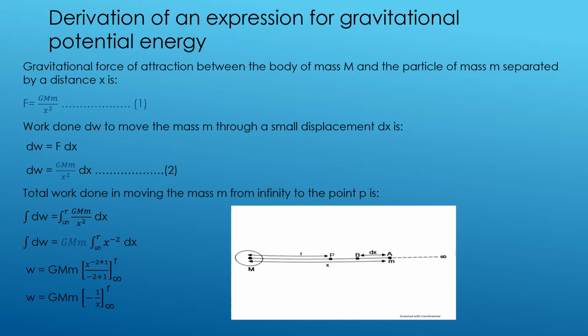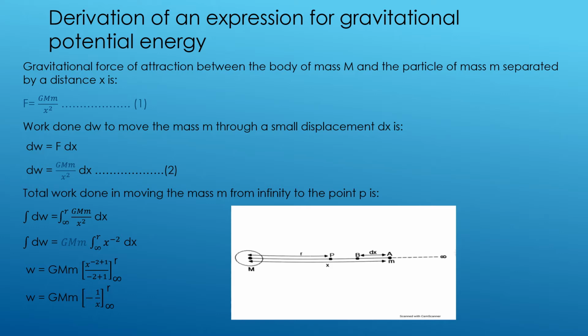So, to derive the expression for gravitational potential energy of a particle at a point P, what we have to do is calculate the work done in moving the particle of mass small m from infinity to that point P. Because what is gravitational potential energy?